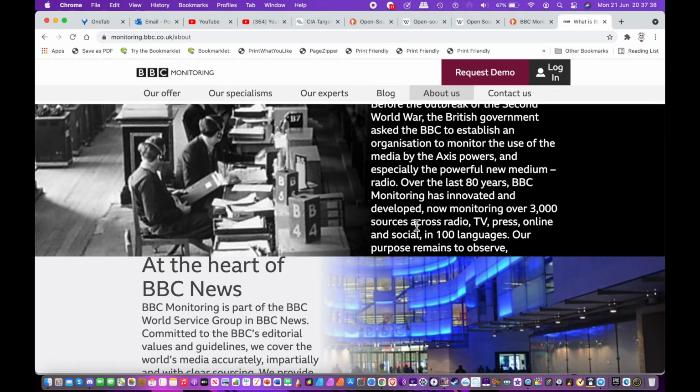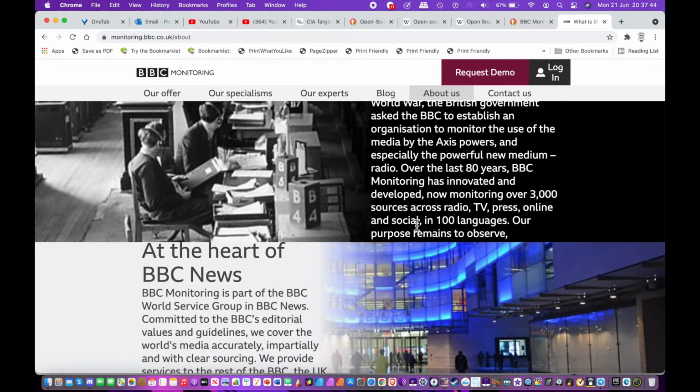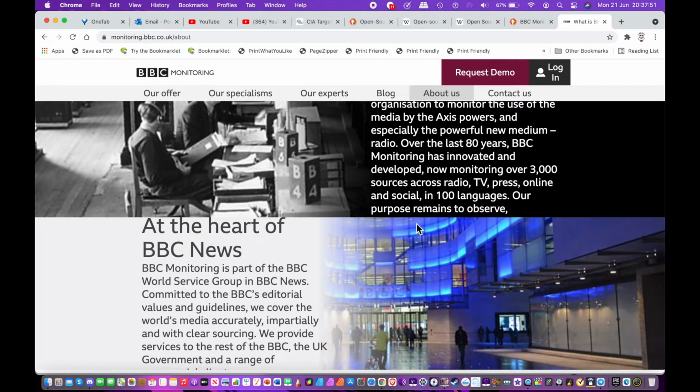Over the last 80 years, BBC Monitoring has innovated and developed, now monitoring over 3,000 sources across radio, TV, press, online, and social in 100 languages. Our purpose remains to observe.